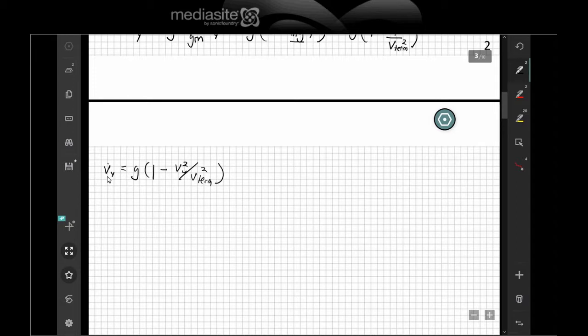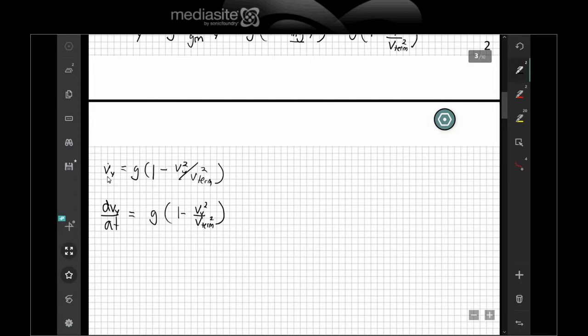And so what I want to do is solve that equation. It's a first order nonlinear differential equation, but I can actually solve this by direct integration. So let's write dVy over dt is equal to g times this factor. Again, V term is a constant. I'm going to use separation of variables.